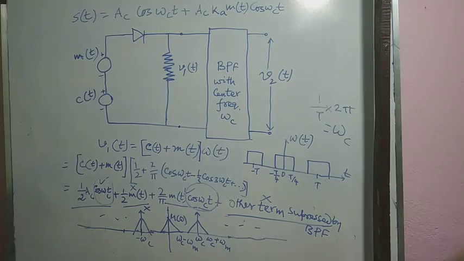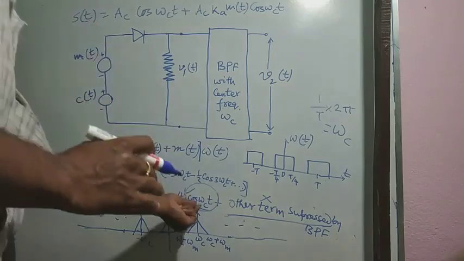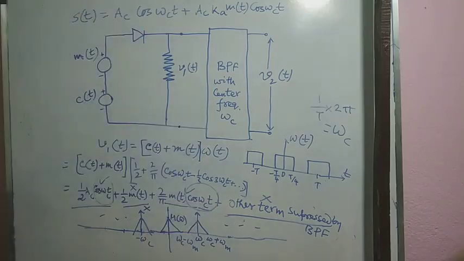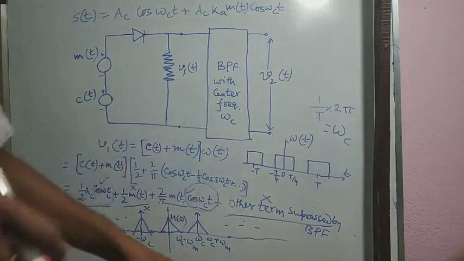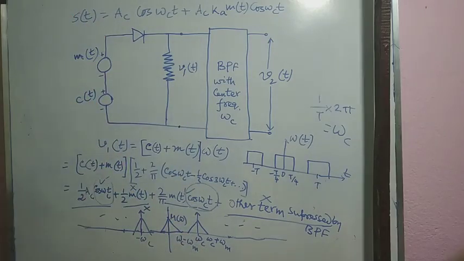Which type of filter? The requirement is to pass the signal with a certain frequency at the center, and this is non-zero. The center frequency should be non-zero, as we can see. So what will we employ? We will employ a bandpass filter. What will be the bandwidth?